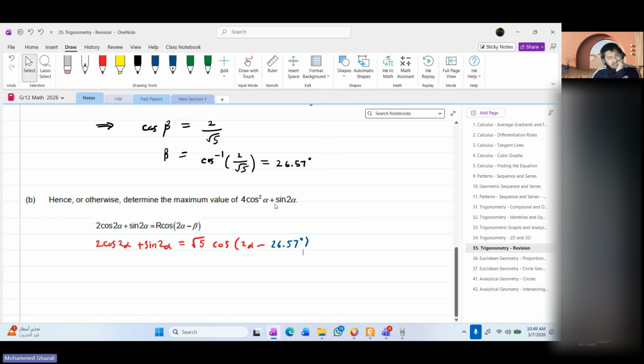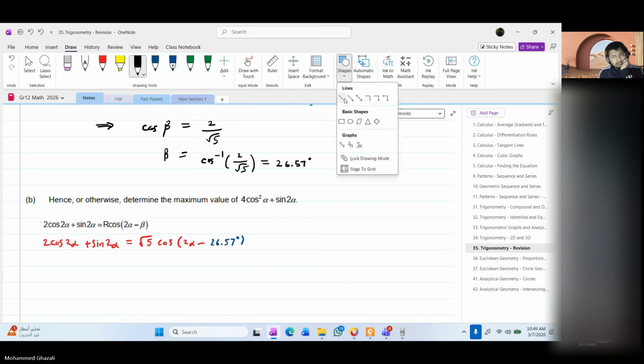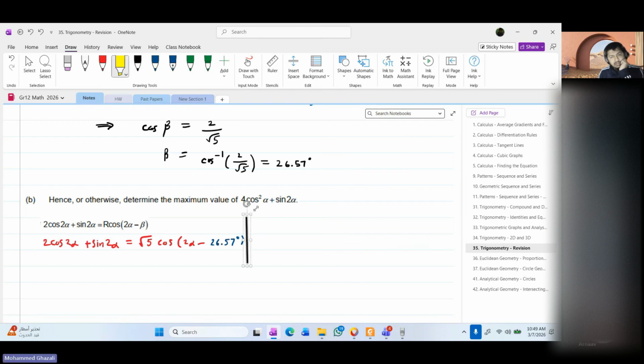Now, 2 cos 2 alpha plus sine 2 alpha. But see what they have in this expression. We are given this, and this expression is saying something else: 4 cos squared alpha. The question is, how did they get the 4?